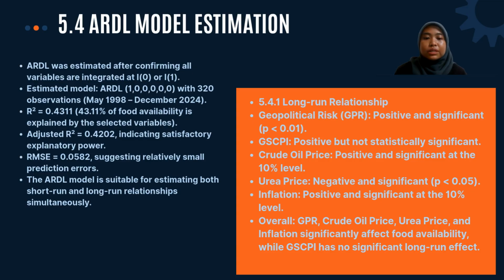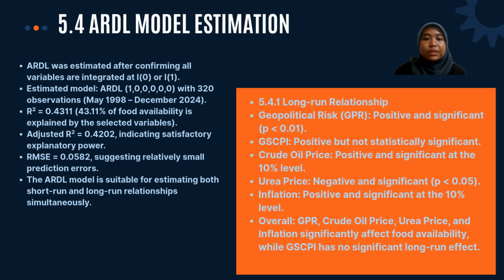The model recorded an R-squared of 0.4311, which means that about 43% of the variation in food availability can be explained by the selected independent variables. The adjusted R-squared also indicates satisfactory explanatory power, while the RMSE value is relatively low, suggesting that the model produced relatively small prediction errors. Overall, the model is appropriate for analyzing both the short-run and long-run relationships among the variables.